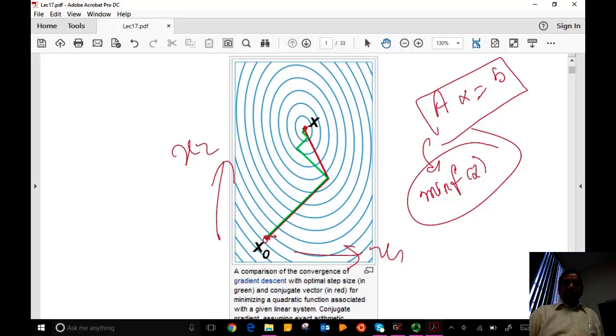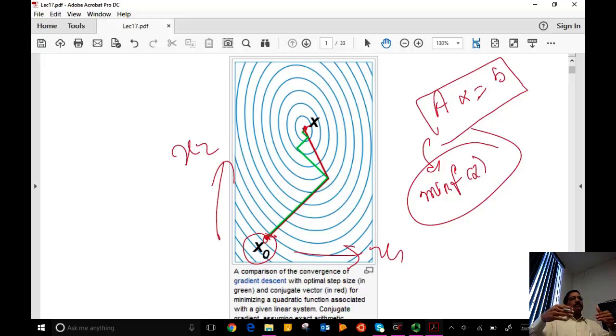The steepest descent says there are two things that you need to do. You start with some initial guess x0, and in an iterative method, the essence of the method is which direction do I go? Where do I make the next guess? Do I just keep guessing arbitrarily, or do I devise an algorithm that is intelligent enough to take me to the solution in the shortest number of guesses, shortest number of iterations?